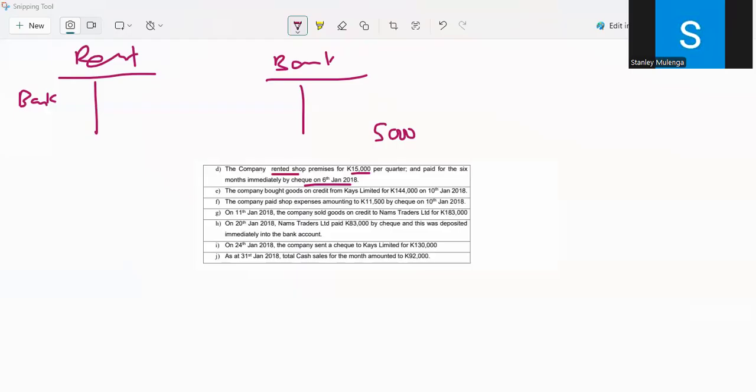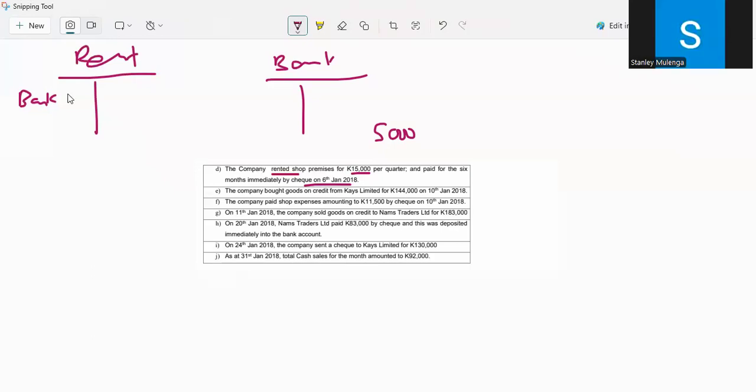was paid for 6 months. So when you multiply that one by 6 months, how much do we get? 5,000 times 6 is how much? 30. 30, correct. 30,000.